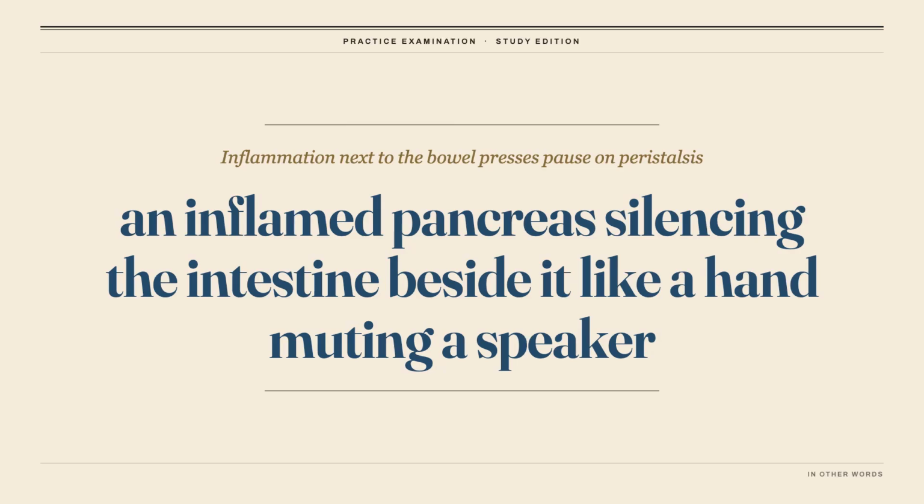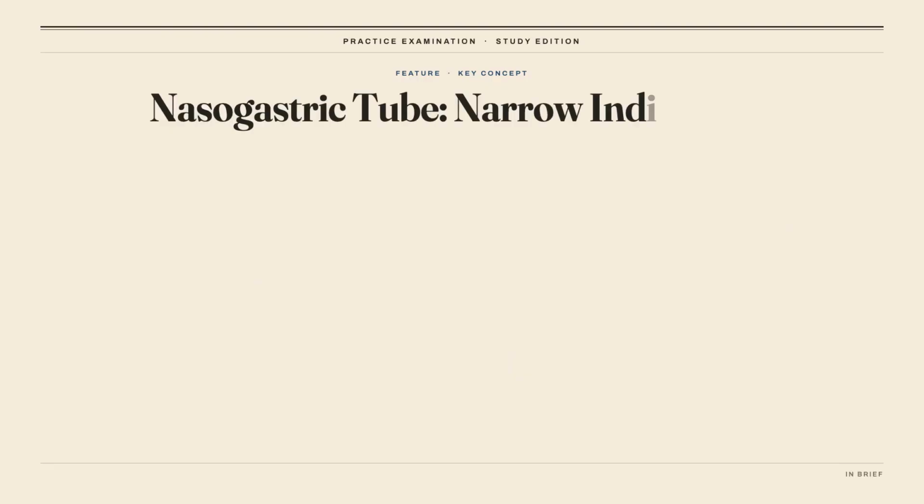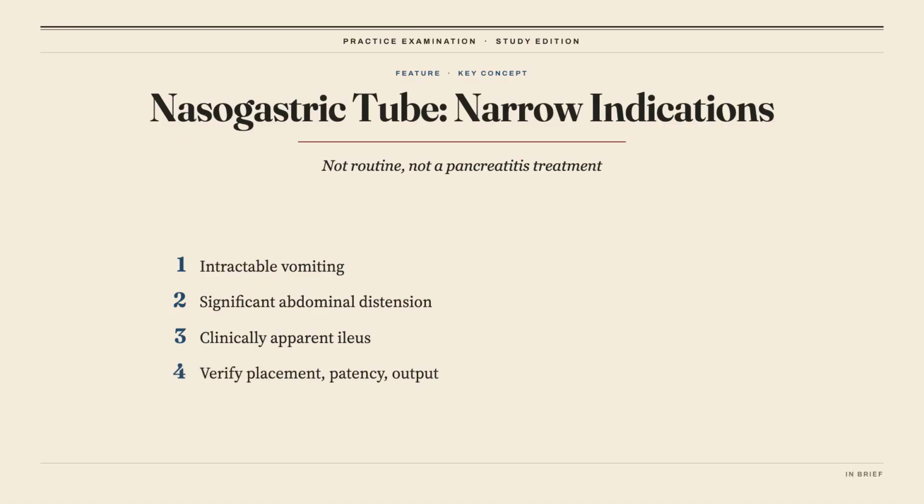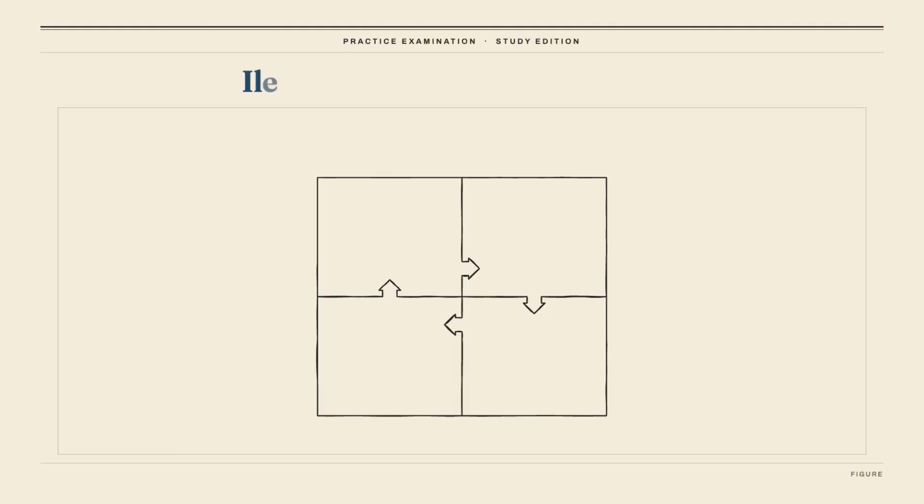Hypocalcemia and opioids deepen this paralysis, so gas and fluid build up, the abdomen distends, and sounds disappear. Nasogastric decompression is placed for intractable vomiting, significant distension, or a clinically apparent ileus, not for every patient with pancreatitis. Once placed, nursing priorities are verifying placement, maintaining patency, and tracking output for fluid balance.